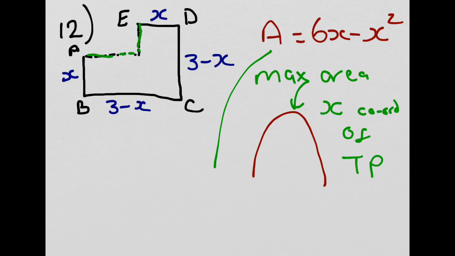So for the parabola 6x minus x squared, find the turning point and then substitute in your maximum value. That will tell you what your maximum area can be.